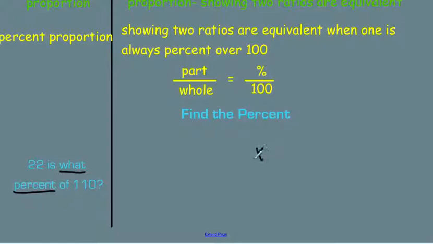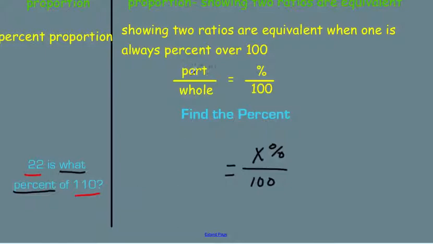So I'm going to say x percent over 100. This is important because it leads me into where else I have to plug in values. If I don't know my percent and that's my variable and I put it over 100, well, now what I'm left with are these two numbers. I'm left with 22 and I'm left with 110.